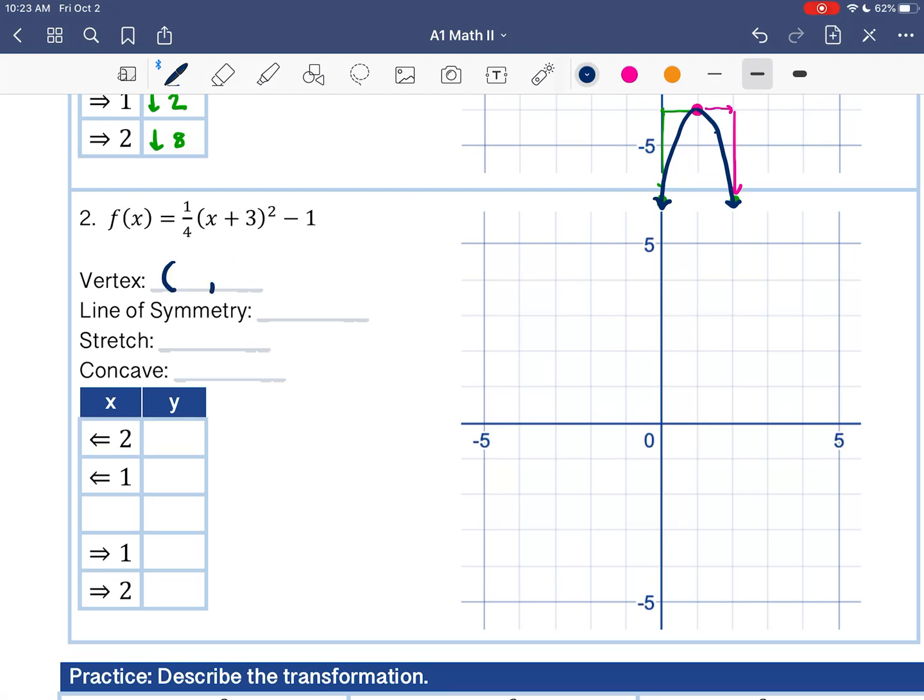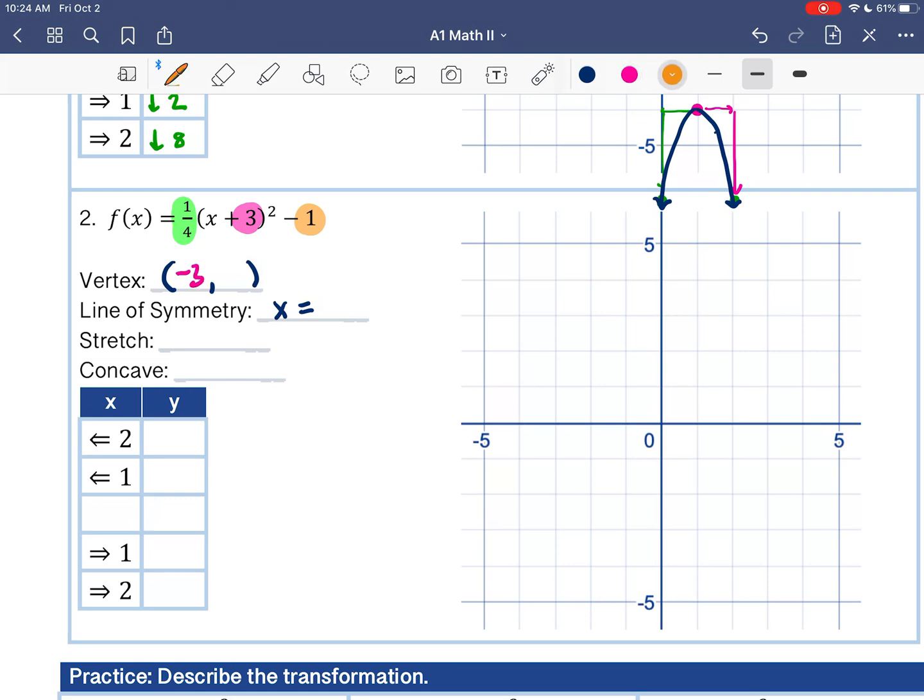So let's do the same with this one. Our vertex, let's write this first. Line of symmetry. Highlighting, this is our H. Nope, that's our K. I just said that backwards, but I highlighted correctly. 3 is H, -1 is K. A +4 is our stretch factor.